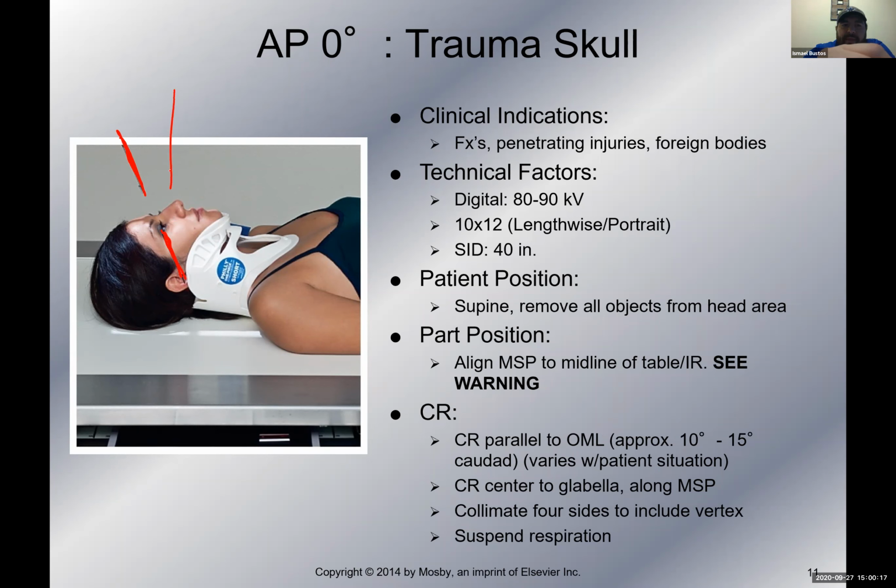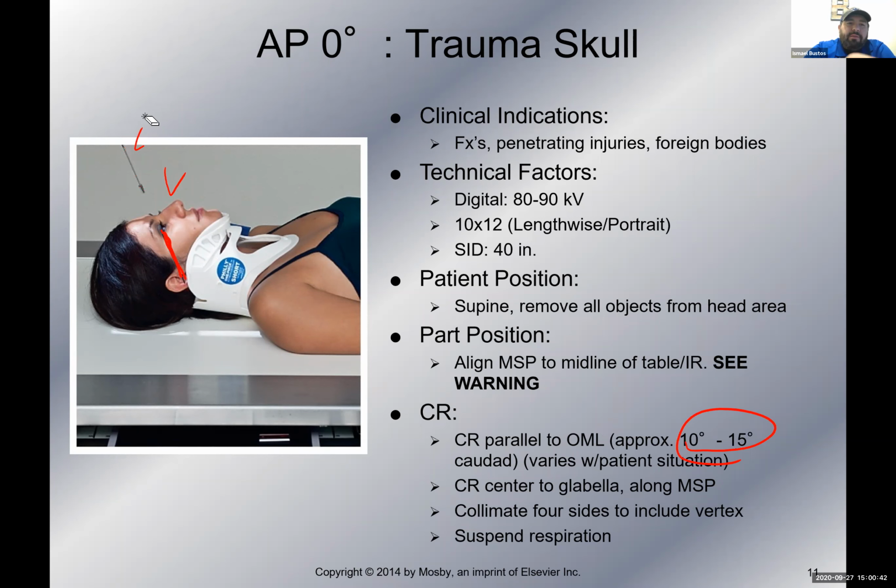Normally, your CR would be straight down, but we're going to have to angle it a little bit to get it parallel with the OML. Normally, it's going to be about 10 to 15 degrees caudad, but that does vary with each patient. So you just have to visualize the OML and then get that CR parallel to it. Angle your tube a little bit caudad to make sure that you're parallel with the OML.